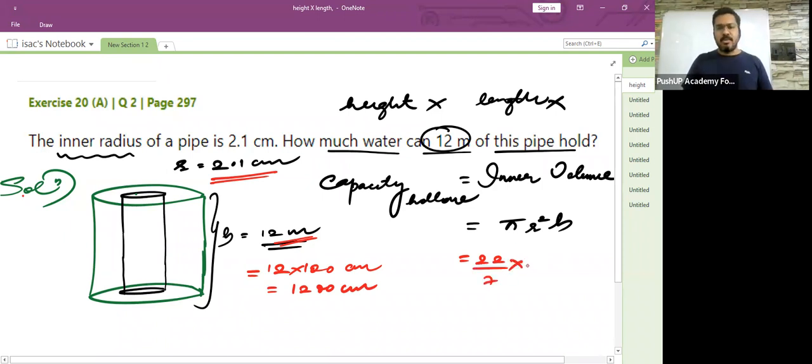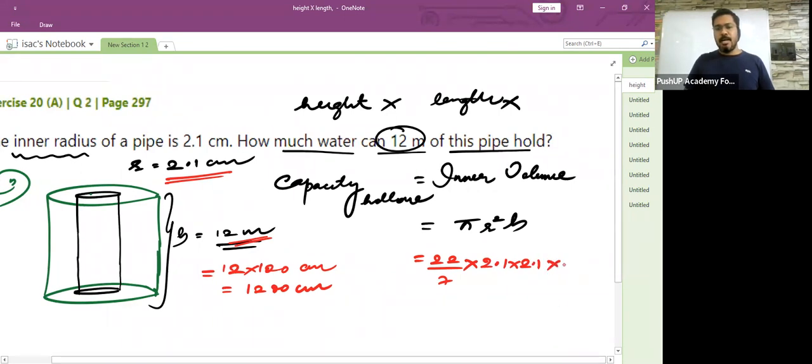So radius square is 2.1 into 2.1 multiplied by the height, 1200. Perform the calculation and then give me the answer. If you need help, look here.